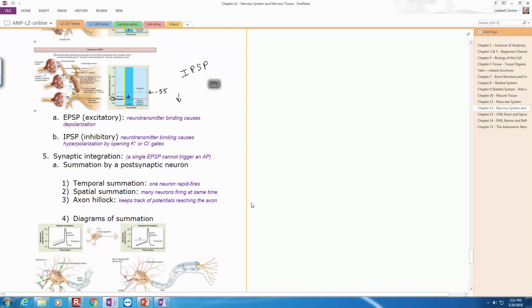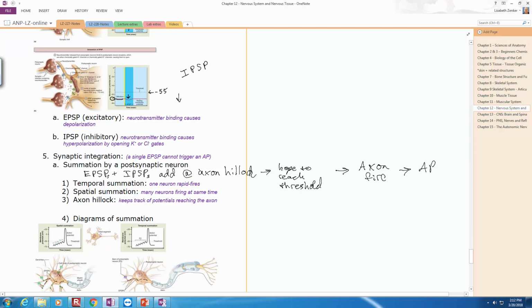This is your EPSPs plus your IPSPs, I'll put a little S so that you know it's multiple ones, are added together at the axon hillock, and you're hoping to reach threshold, and if you do, then the axon will fire, which means you definitely get an action potential if it adds up enough to get to threshold.